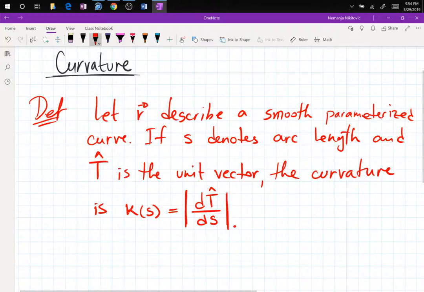So we take a little bit of the loop, and that's your S, arc length. Now, we know that the tangent vector is going to be perpendicular to the radius of the curve, which is represented here by my blue pen. That's the unit tangent vector.